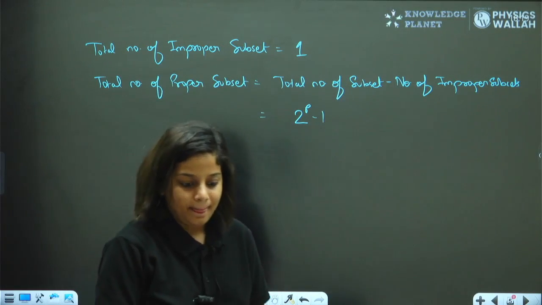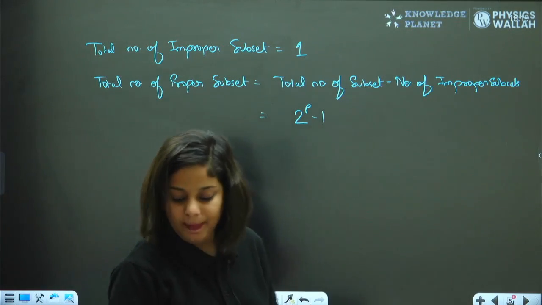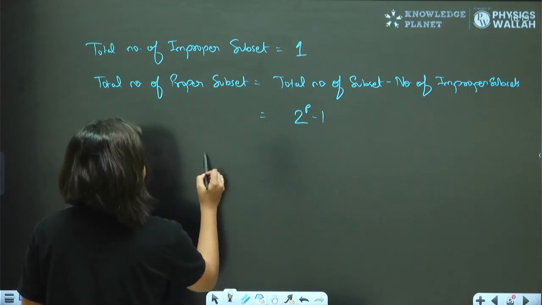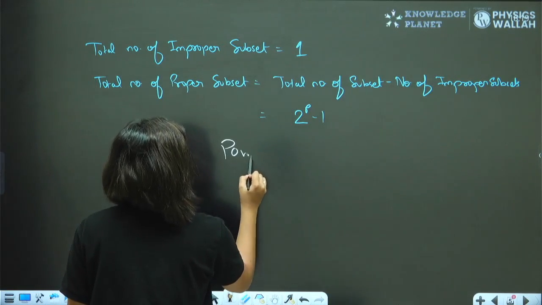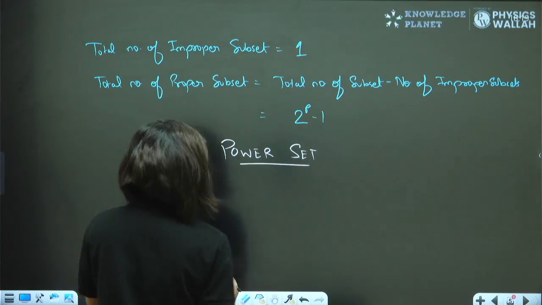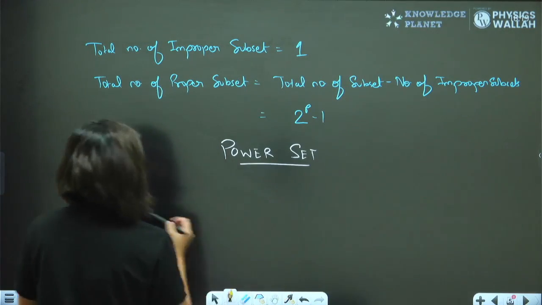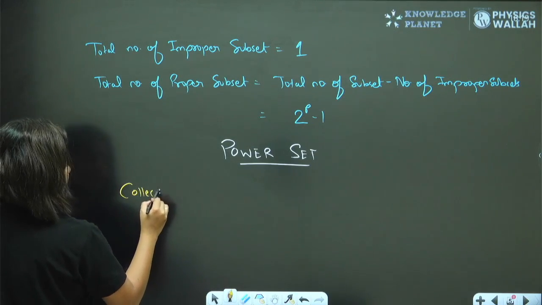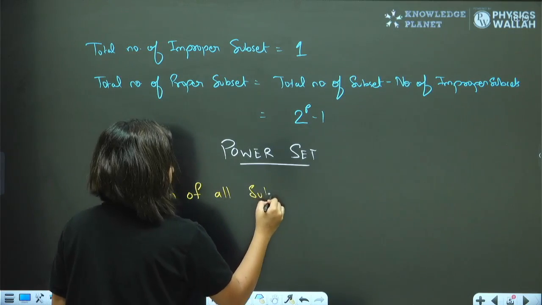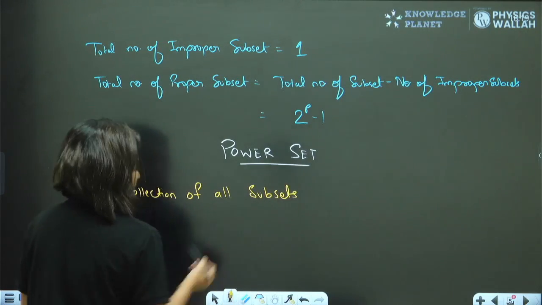Okay. We will go to the next topic, which is power set. What is a power set? When you collect all these subsets together, you get a power set. A collection of all subsets is a power set.